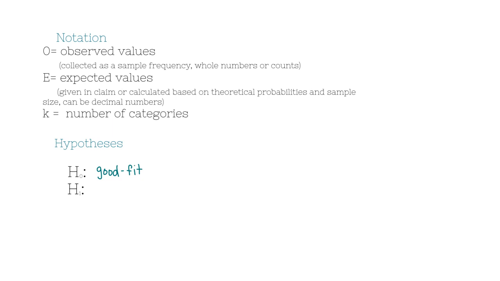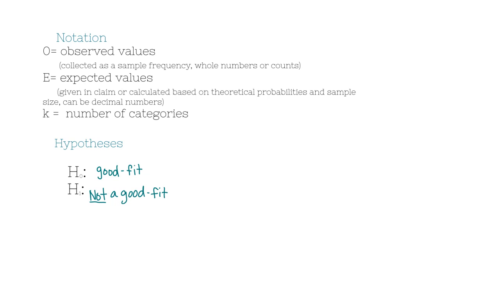So with our M&Ms example, a good fit, or the null hypothesis, would mean that the observed values match or conform to the expected values. The alternative hypothesis will always be not a good fit. If you are supporting the alternative hypothesis, it means that your observed values do not fit or they do not conform to the expected values or the expected percentages.